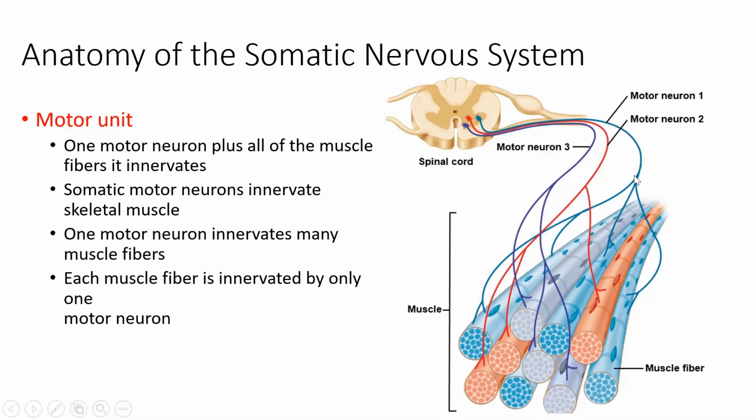It can branch into many endings that go to different fibers. But if we look at a single fiber, like this red fiber, for example, it can only be receiving input from one specific motor neuron. In this instance, it's receiving input from motor neuron 2. So one neuron, many fibers; one fiber, one neuron.